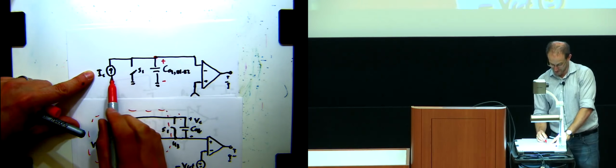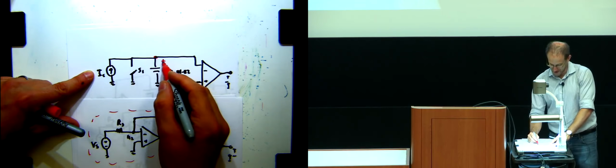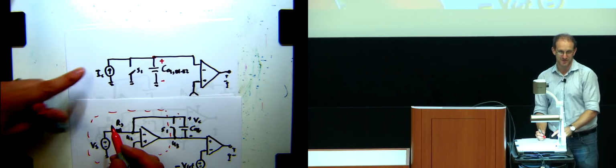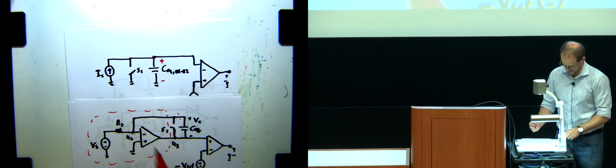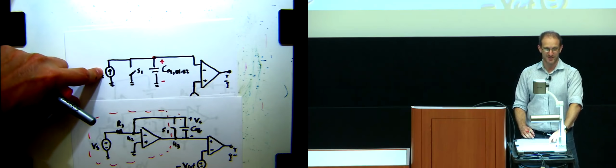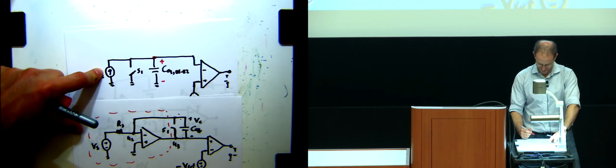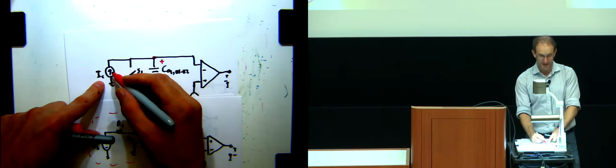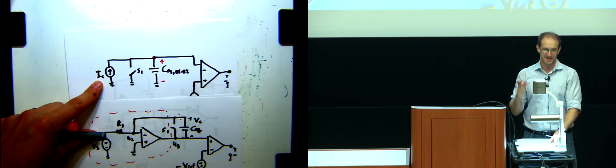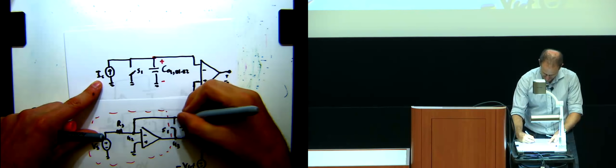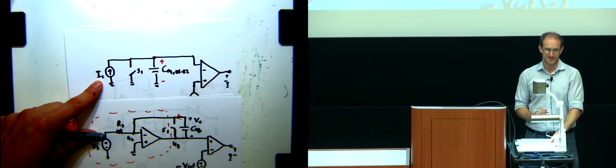The current was flowing this way, so that's where I would have to put the plus of the capacitor, based on passive sign convention. This whole thing should be replaced by a current source with the arrow pointing up, so there is a current flowing into the capacitor in that direction.